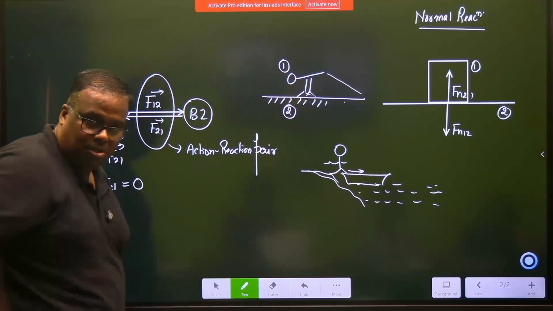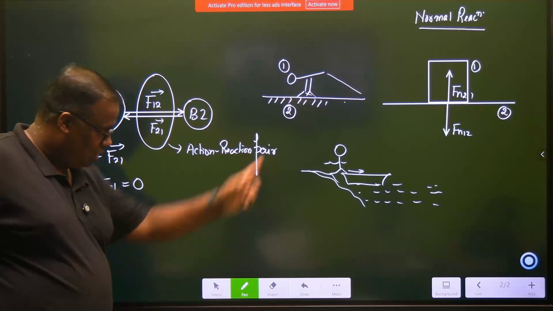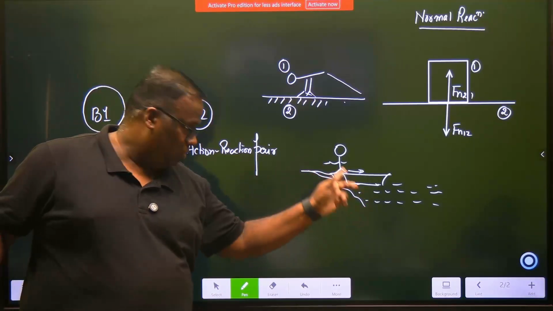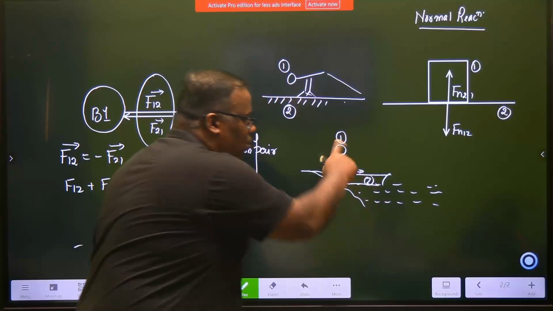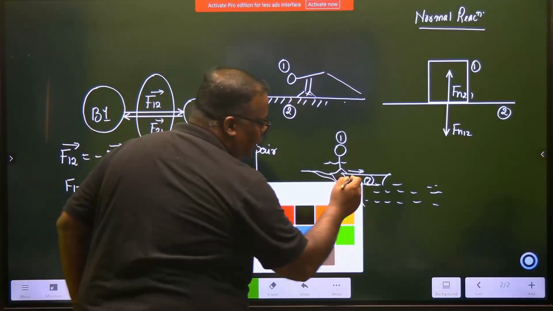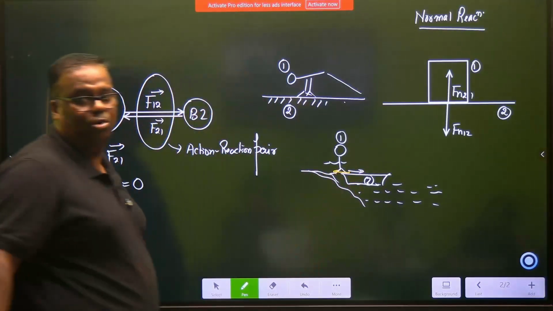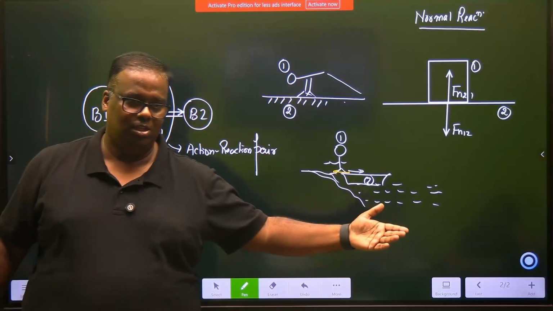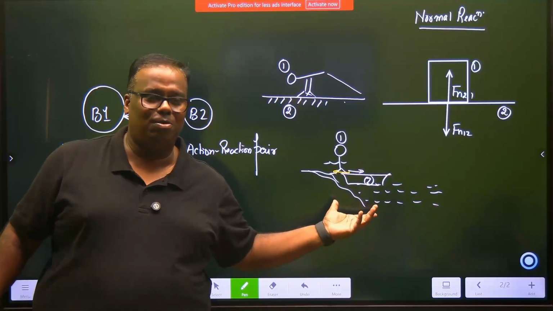He pushes the boat. You push the boat. Friction force. When a body exerts a force on another body, then what happens? The other body exerts an equal and opposite force on the first body. That's how you come out. At that time, if this boat would have slid away, this fellow could not have come up.